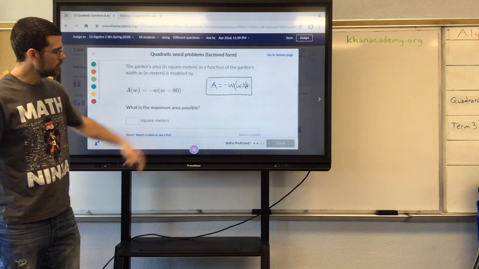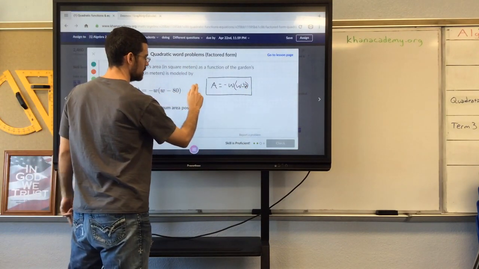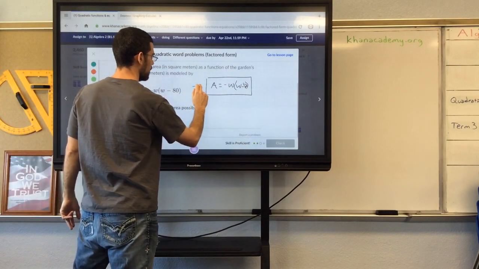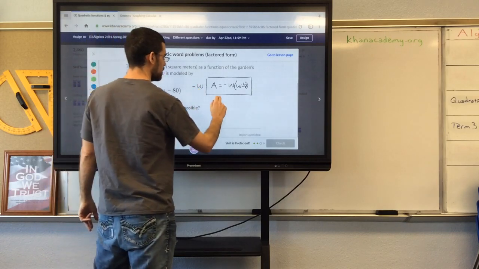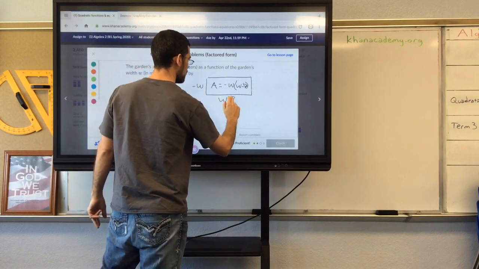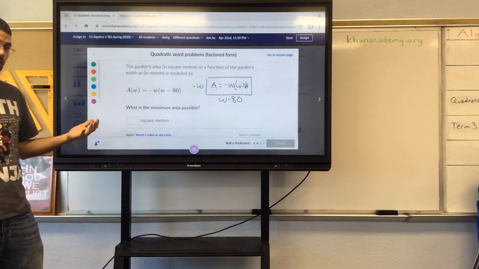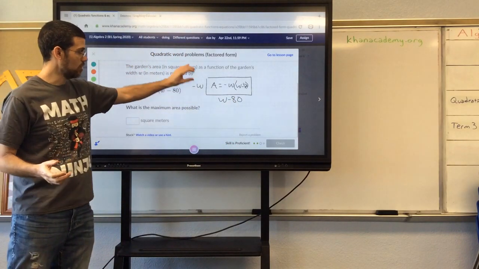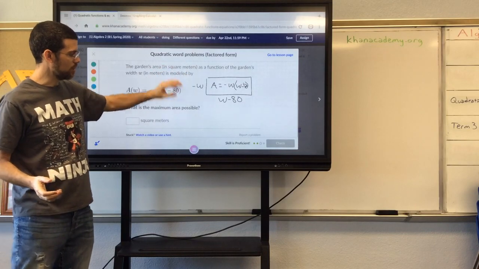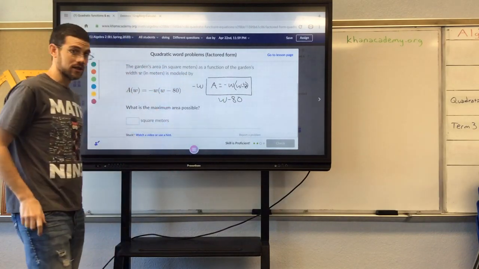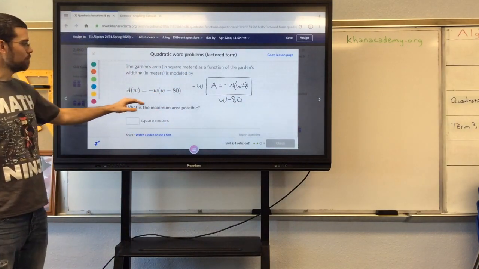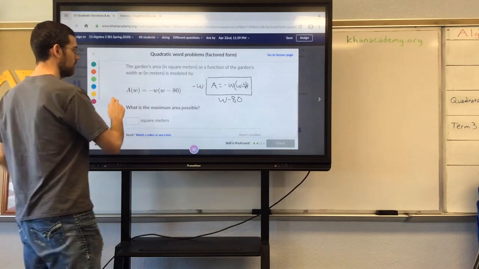Okay, well, all right, so maybe this is -w, and this is w minus 80. That would be how we could represent the area. So the one dimension is -w and the other is w minus 80.